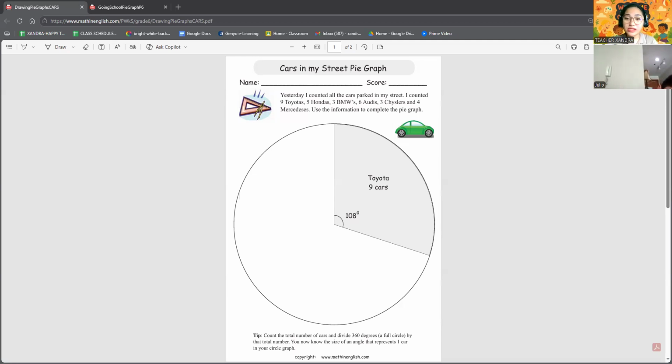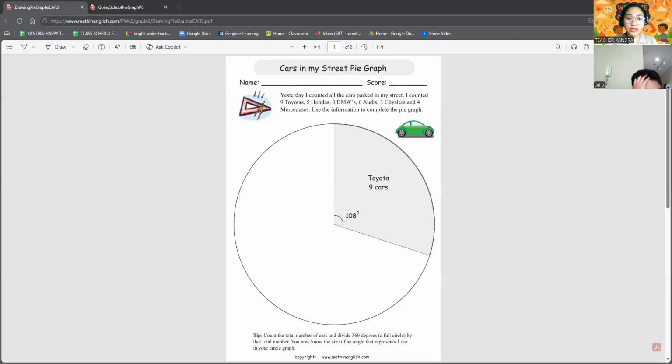In our past sessions, Julio, you learned how to read a pie graph by looking at the slices and understanding percentages. You also learned how to make a pie graph by turning numbers into fractions, decimals, and percentages, then calculating the angle of each sector to draw the slices correctly. In this session, we will review everything again to make sure you understand it well.